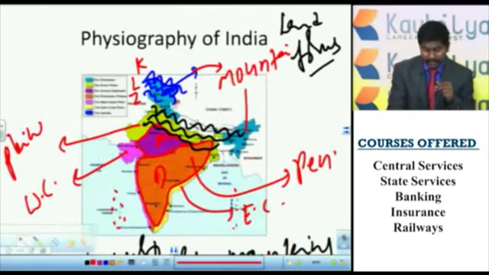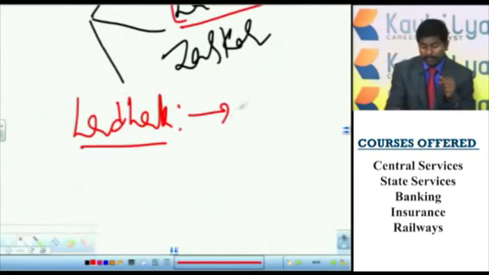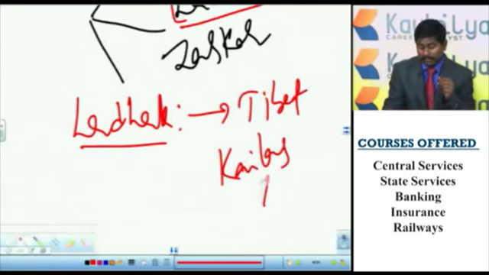Remember this name: the Ladakh range in India, in the Ladakh plateau of Jammu and Kashmir, extends up to Tibet, and in Tibet it is called the Kailas range.